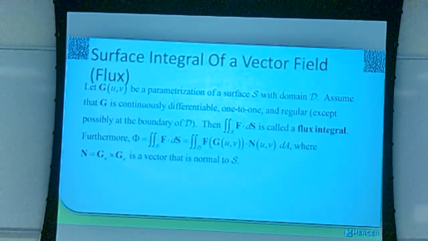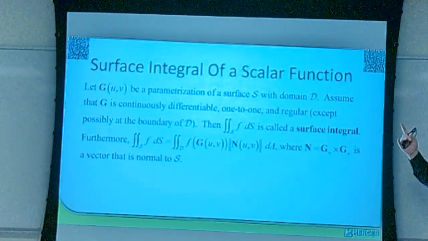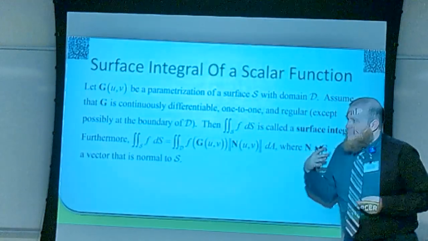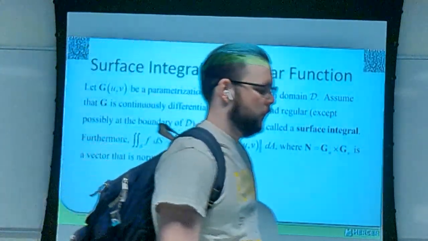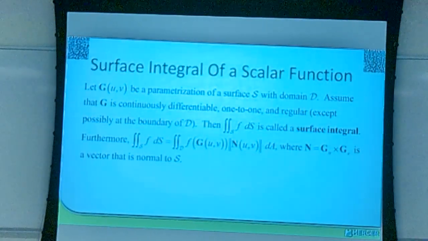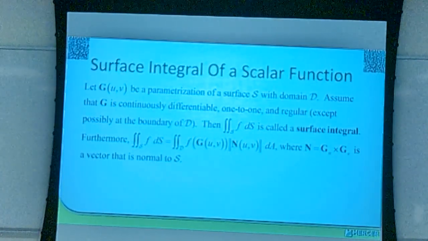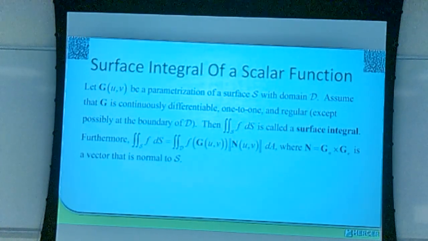And notice that in either case, we have to parameterize our surface. That is what G is, the parameterization of the surface, and n is any vector that is normal to the surface. And what does it mean to be normal to the surface?